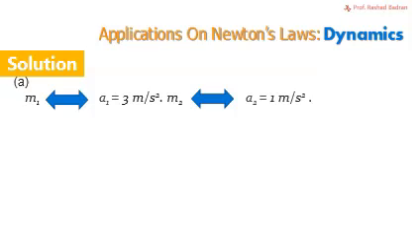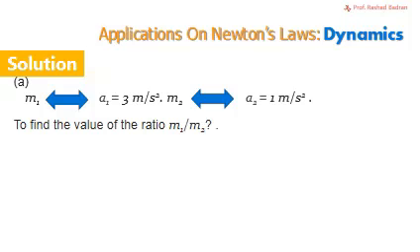By quoting the information we have from the problem, the first mass m1, when the force acts on it, gives us an acceleration a1 of 3 meters per second square, and the second mass under the action of the same force gives us an acceleration a2 of 1 meter per second square. To find the ratio of masses, simply write the first equation for the first object: F equals 3m1, where the acceleration of it is 3 meters per second square.